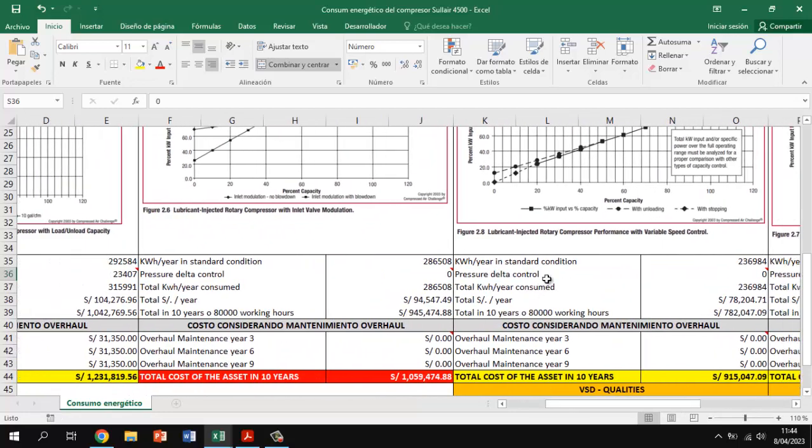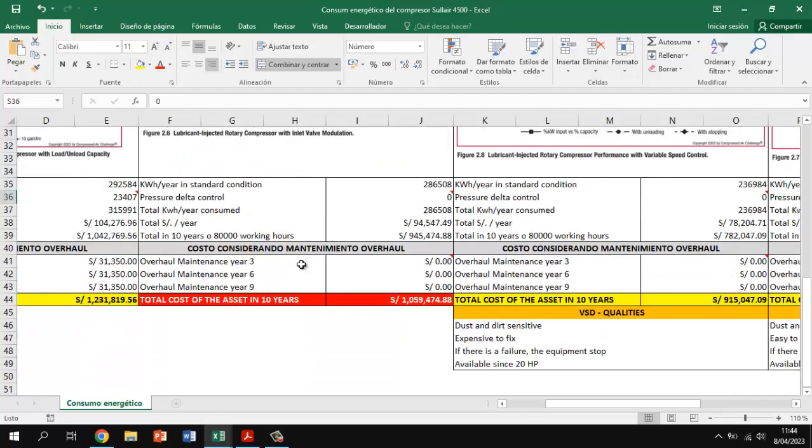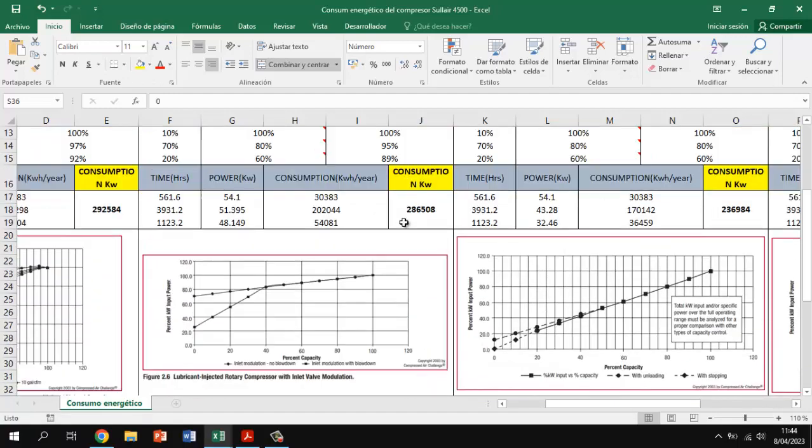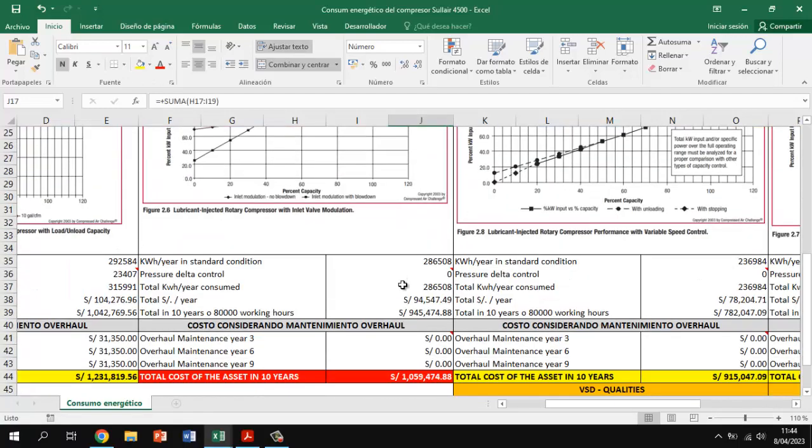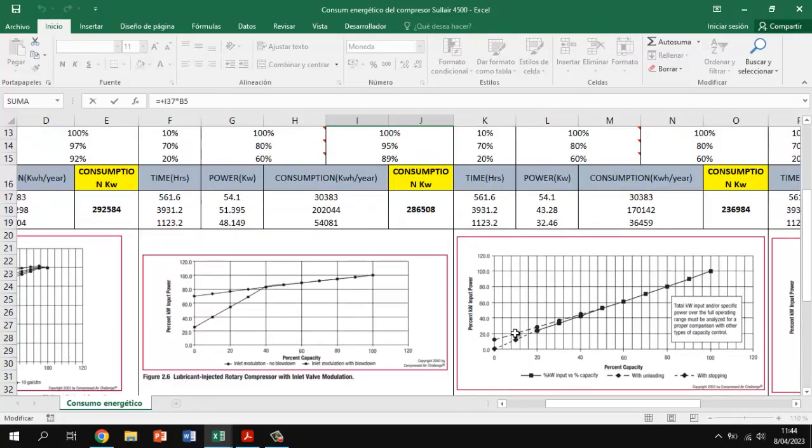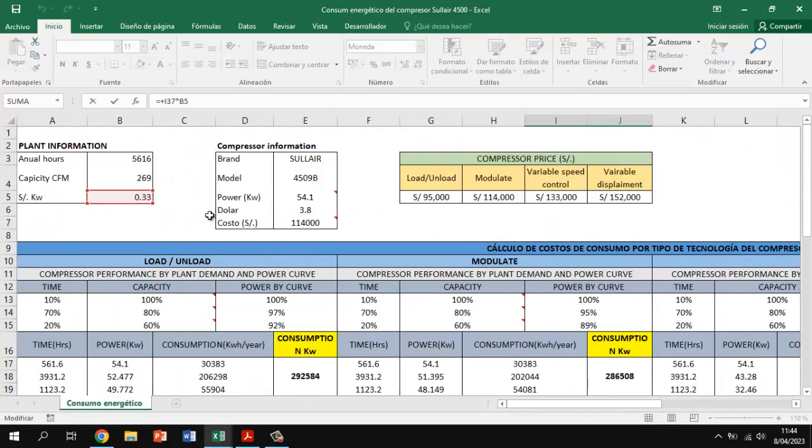So our energy consumption in the year will be the same for the year. And the same if we want to know in soles how much it is, and in 10 years it will be the same. We just multiply your total year by 0.03.